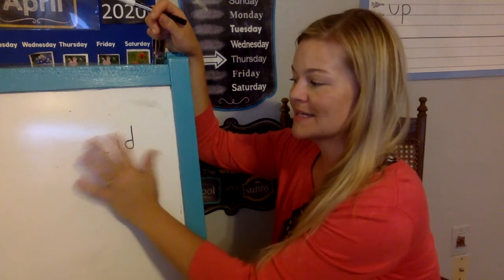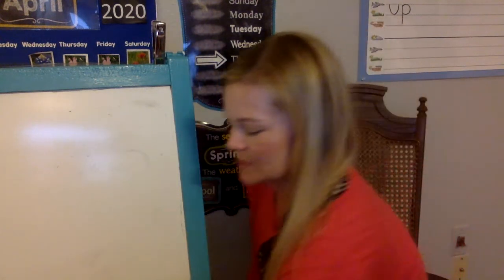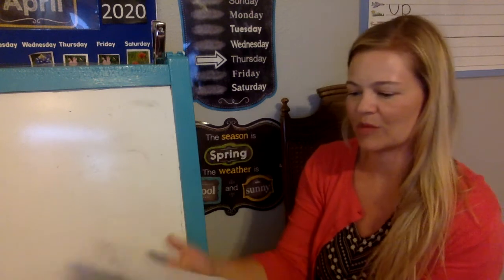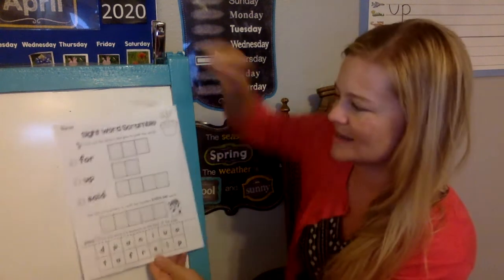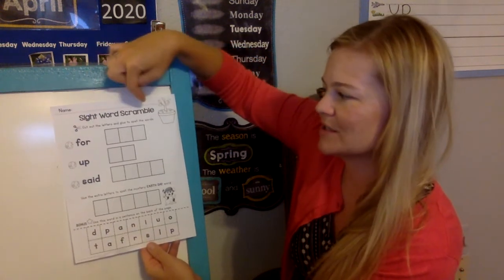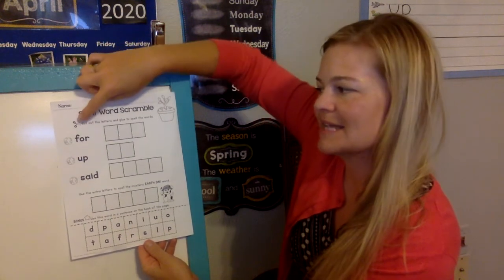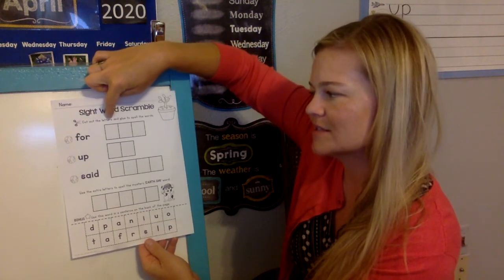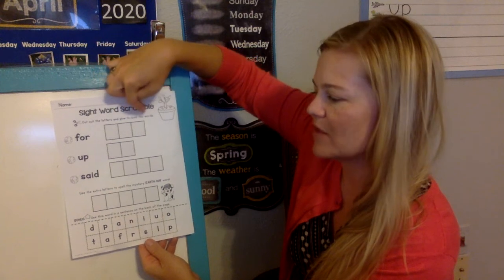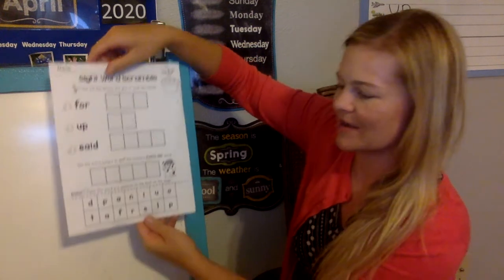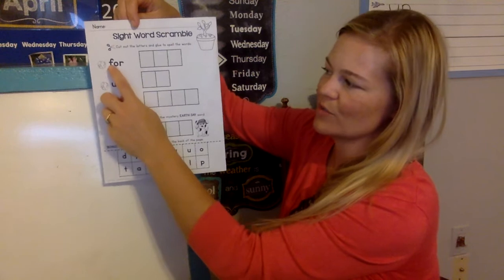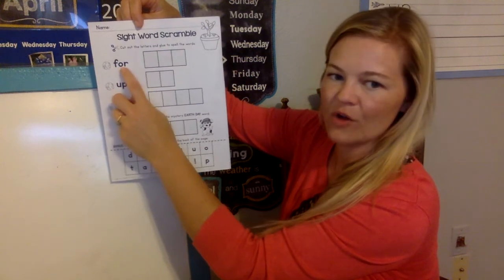Okay, because Earth Day was last week, we're going to do some Earth Day sight word practice. Okay, and it says sight word scramble. It says cut out the letters and glue to spell the words. Okay, well, here's the word for, F-O-R.